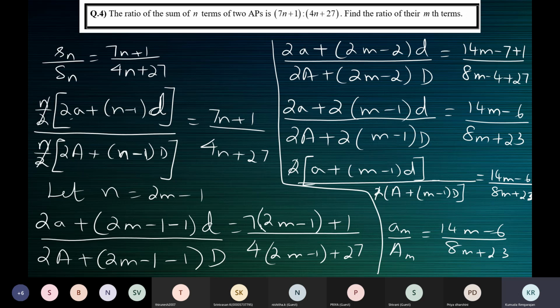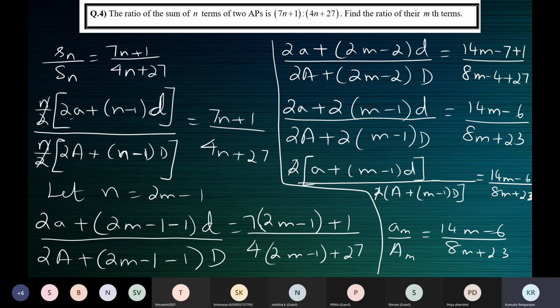So if you want to find the ratio of their 100th terms for these two APs, A100 by A100 is equal to 14 into 100 minus 6 by 8 into 100 plus 23. If you want to find the ratio of their 50th terms, A50 by A50 is equal to 14 into 50 minus 6 by 8 into 50 plus 23. So now this is a general one.